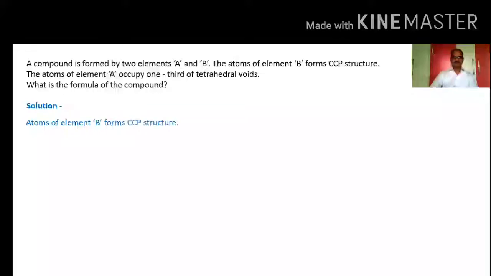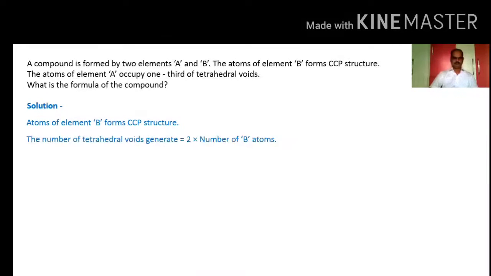See the solution. Which atoms form CCP structure? Atoms of element B form CCP structure. Let the number of atoms be B. Because of the arrangement of B atoms, tetrahedral voids are generated. How many tetrahedral voids are generated? Twice the number of B atoms.